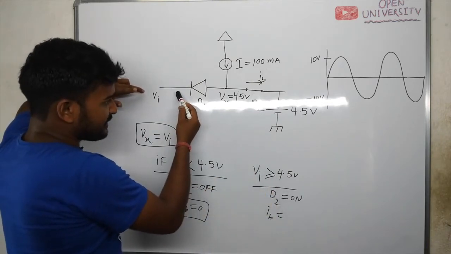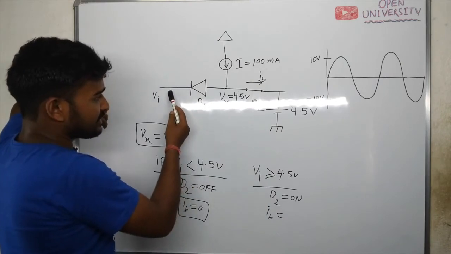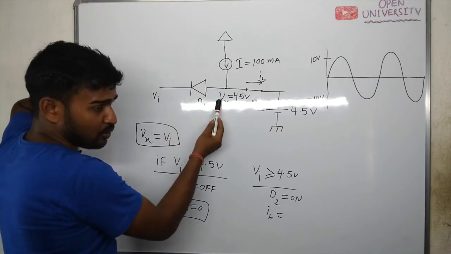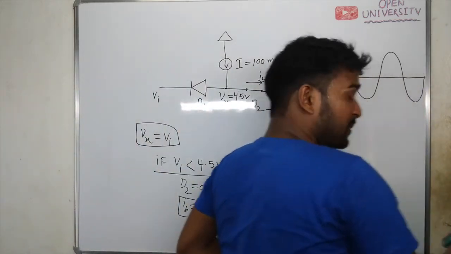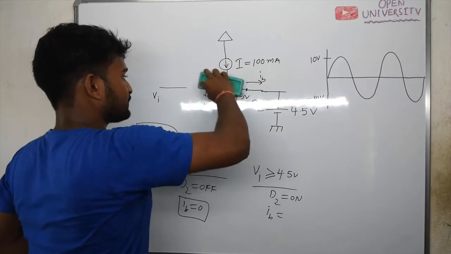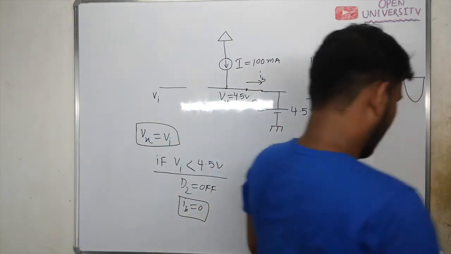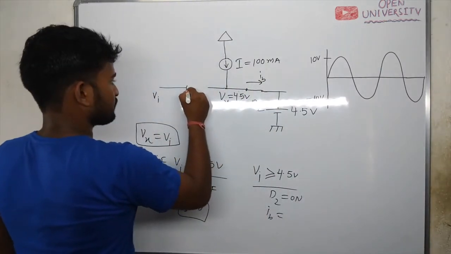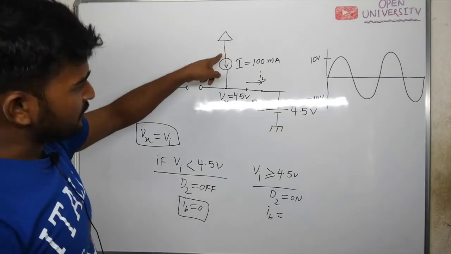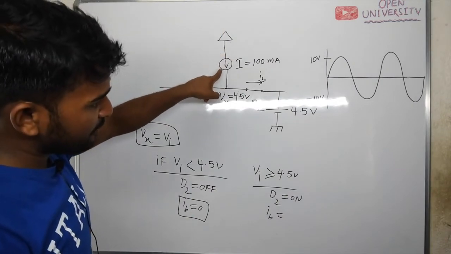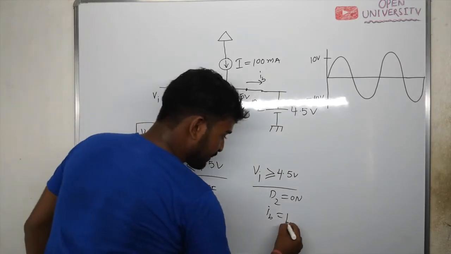So you can see this side voltage is greater compared to this side voltage. This side voltage is greater than 4.5 volt and this side voltage is 4.5 volt. So D1 will be reverse biased, and it will be replaced with open circuit. Then what is IB? This 100 milliampere current will flow through D2. Now IB will be 100 milliampere.